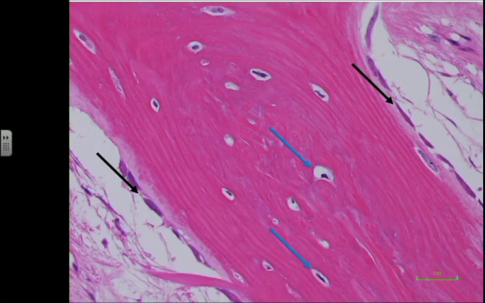Next image, we'll look again at another section from bone, but we'll have a closer look at the bone matrix. We said that the bone matrix is pink, and this is because of the organic part with deposition of collagen fibers. If we look at the bone closer, we can see that the pink matrix is not 100% homogeneous.